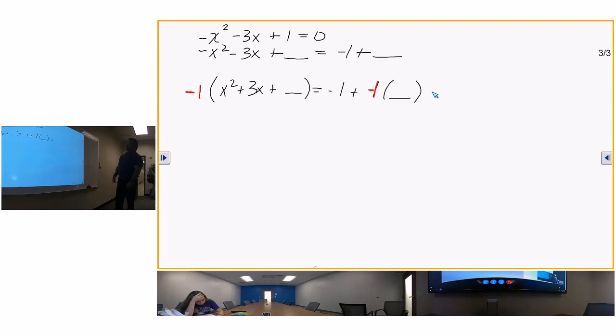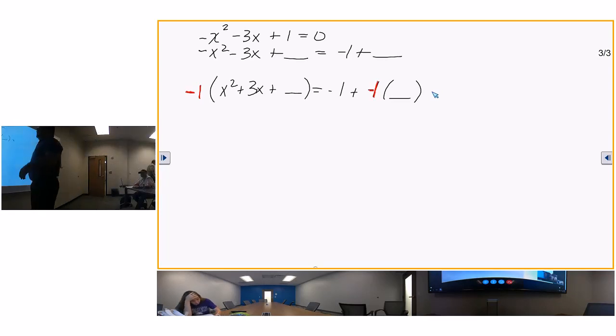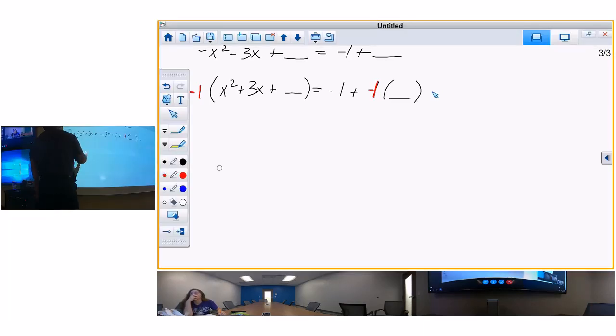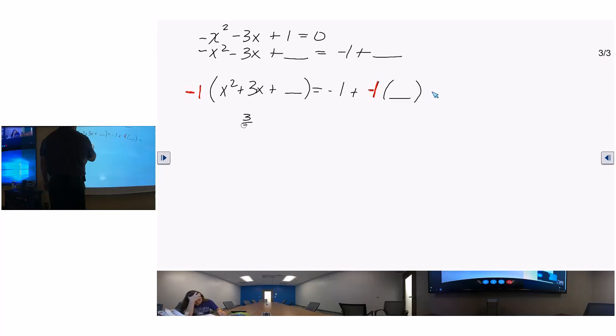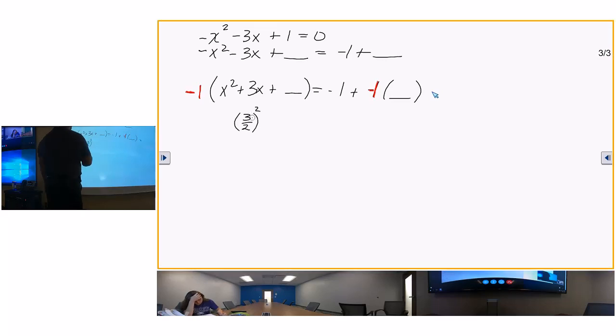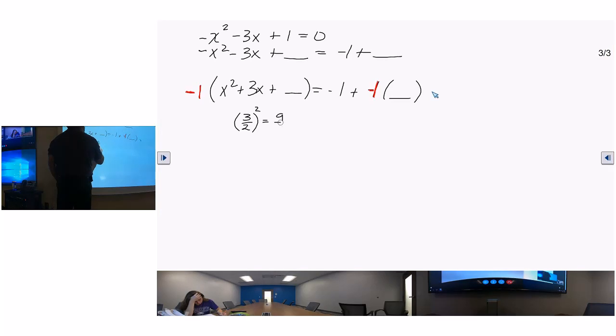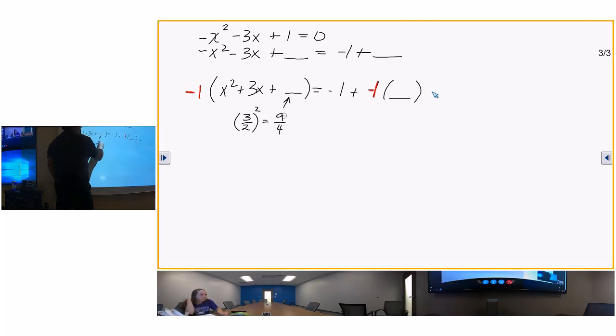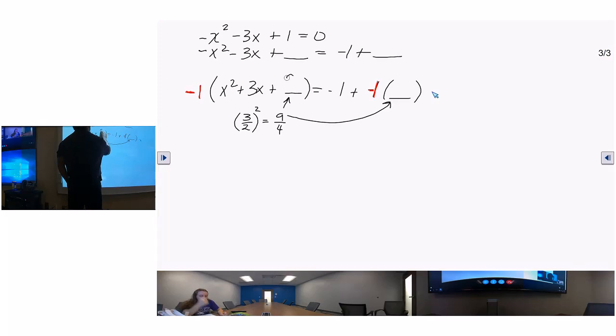Okay? So, what is half of 3? 3 halves. So you take 3 halves, and what do you do with it? Square it. What's 3 halves squared? 9/4. And you put that there and there.